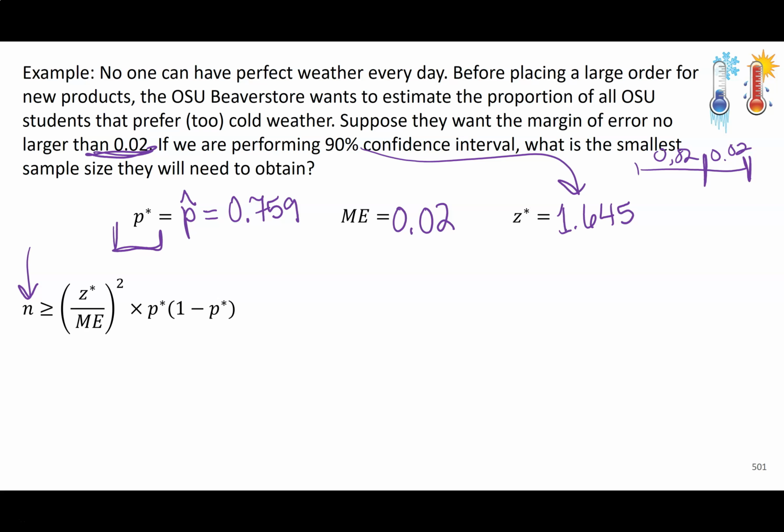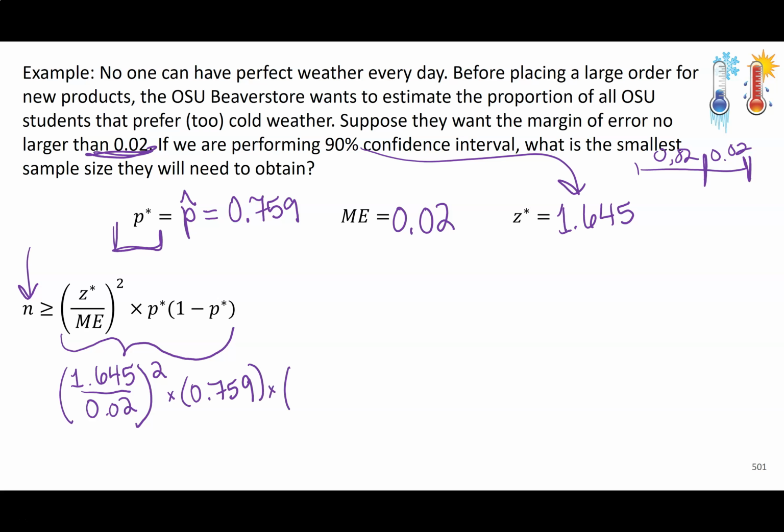Okay, so I'm going to focus on this part right here, this right-hand side. So I'm going to take my 1.645 divided by 0.02, square that, times this 0.759 times 1 minus that. So it's, I think, 0.241.